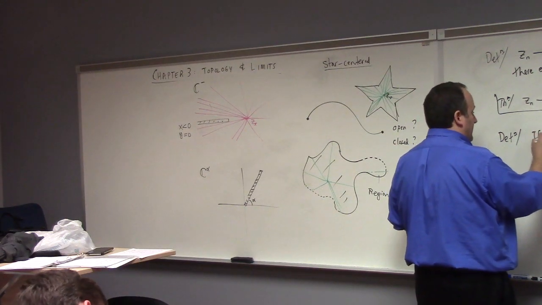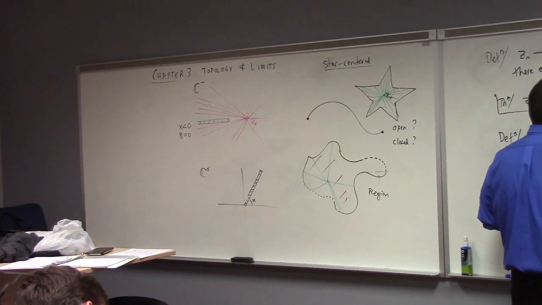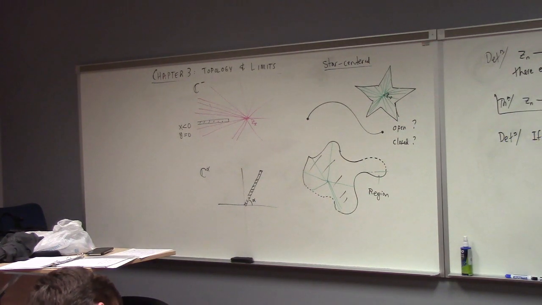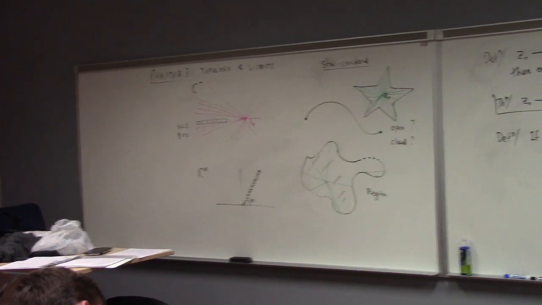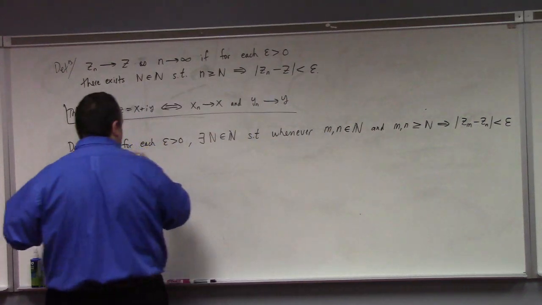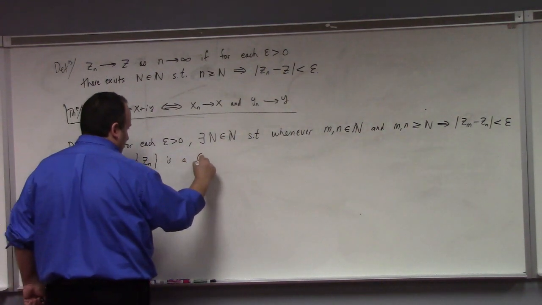If for each epsilon greater than 0, there exists big N in the natural numbers such that whenever m and n are integers, and m and n are greater than or equal to N, that implies the modulus of Zm minus Zn is less than epsilon, then this sequence, Zn, is a Cauchy sequence.